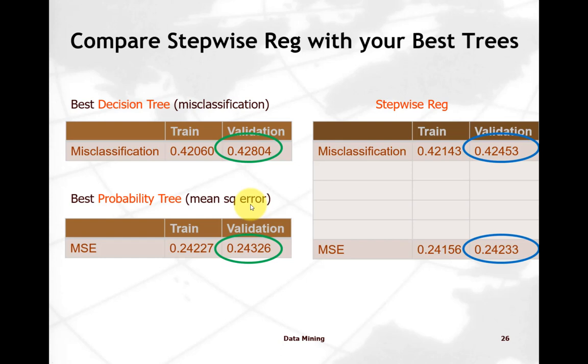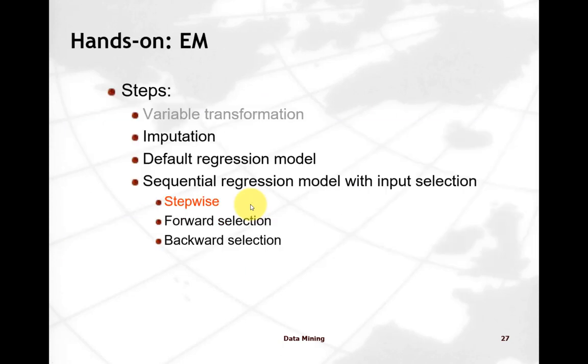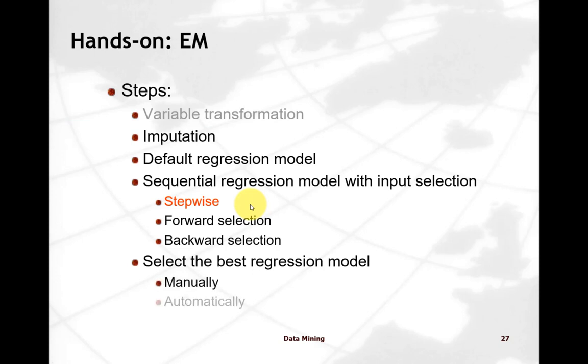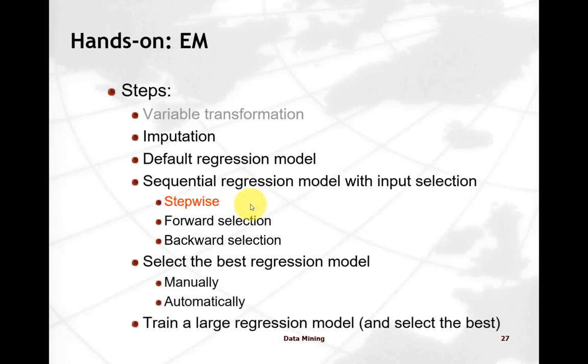Stepwise regression is better across the board. This tends to say: train a large number of regression models, train more regression models, and select the best. It's not one large regression model.